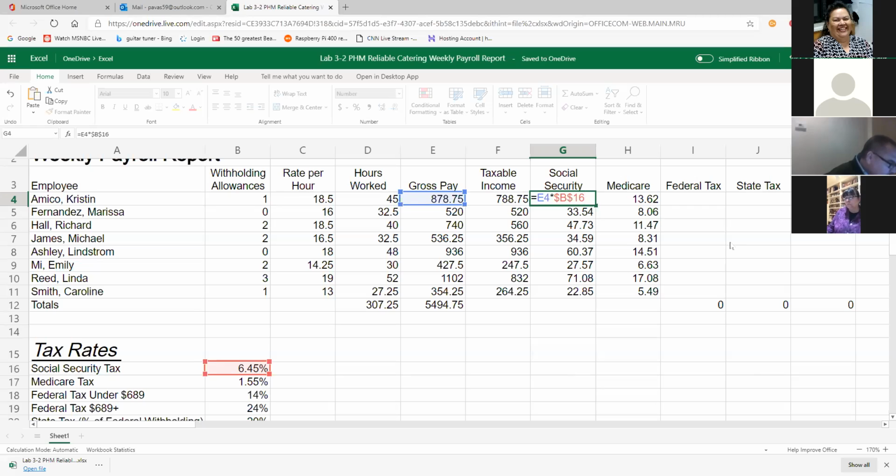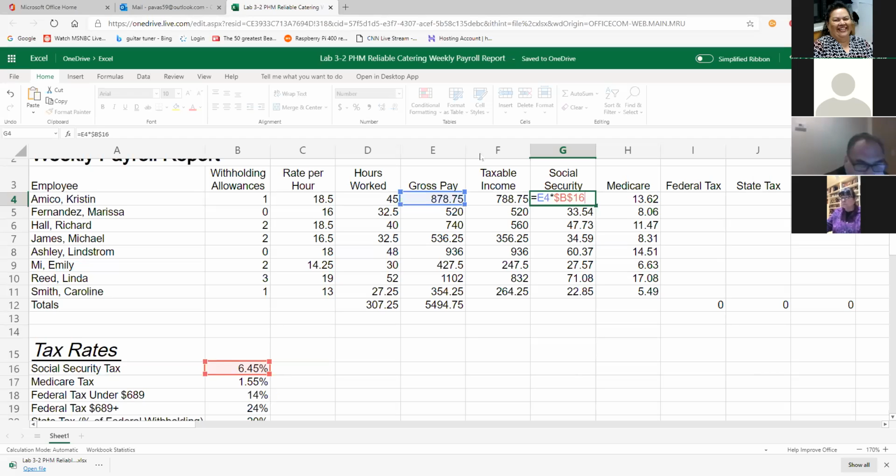If an employee has a taxable income of greater than or equal to 689, then the federal tax withheld equals $110.85 plus the federal tax rate found on cell B19, which is 24% if you have more than that, and 14% if you make less than that. Use the IF function to calculate the federal tax.